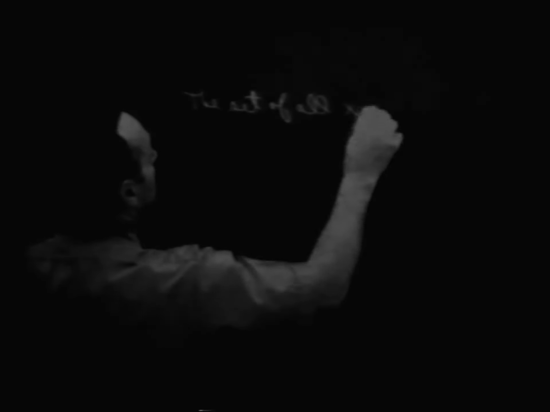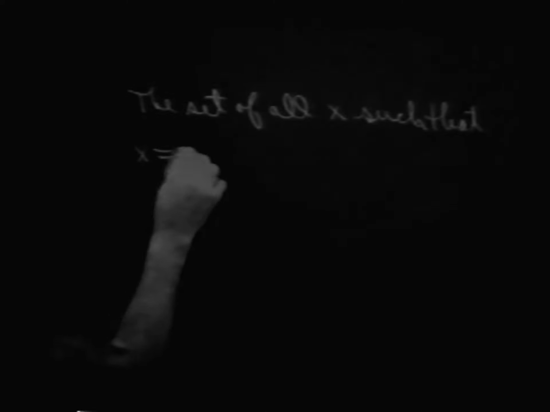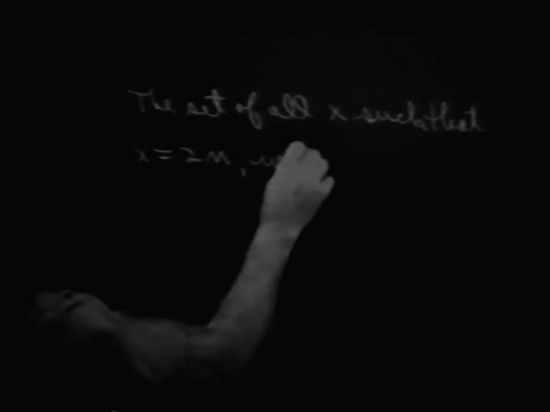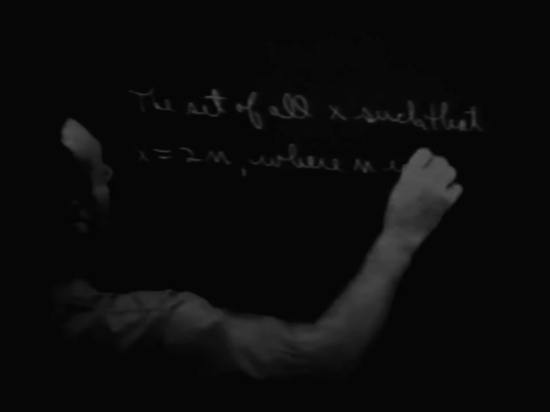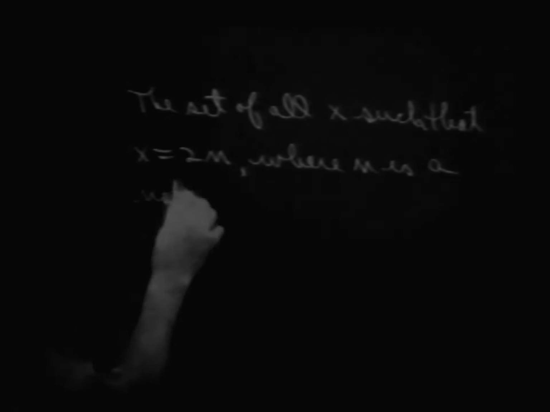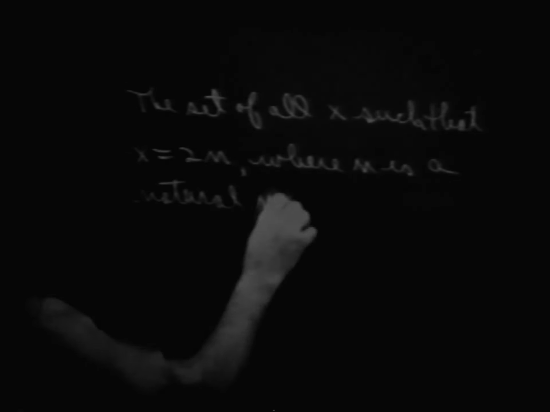The set of all x such that, now let me make something up, such that x is equal to 2n, where n is a natural number. Here is a sentence that I wrote out in the English language: the set of all x such that x equals 2n where n is a natural number.